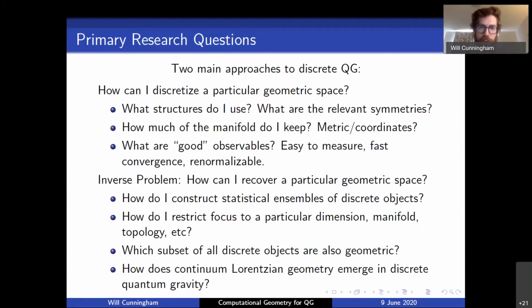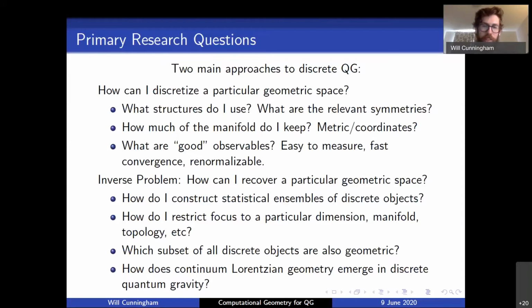Now, there's also the inverse problem, which is the bottom-up approach. And this is saying, how do I recover a particular geometric space from the set of all discrete objects? This is a very hard problem.